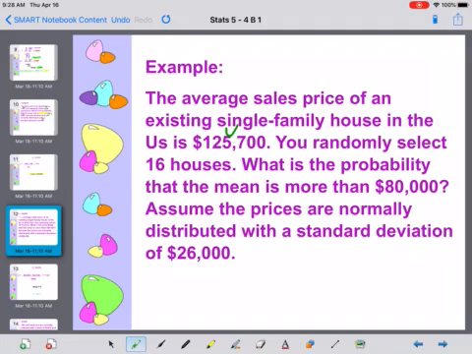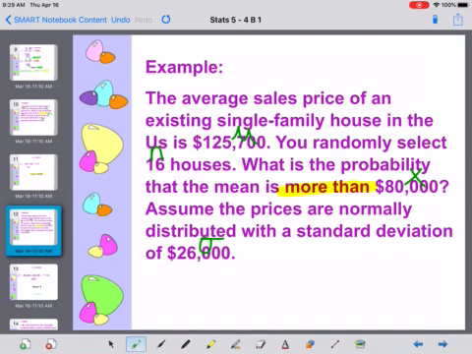This one says the average price, so average is mean, mu. You randomly select 16 houses, so that's your n. That is more than this value, and the standard deviation is 26,000.